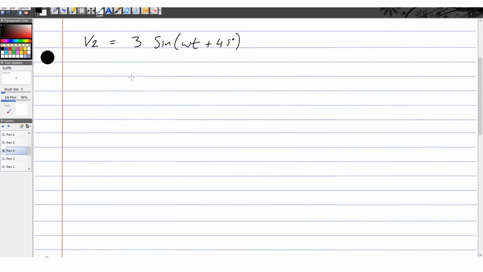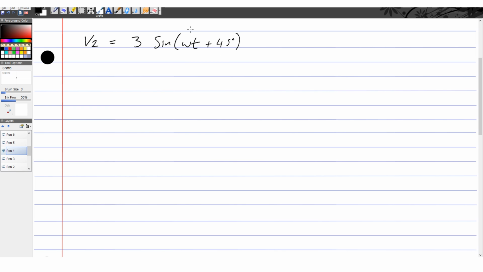So now we're going to apply it to a voltage. I've got V2 because that's what we're going to call it later on. So a voltage that we have has an amplitude of 3 volts, and the value at any given time t is equal to 3 times the sine of omega t plus a phase shift of 45 degrees.